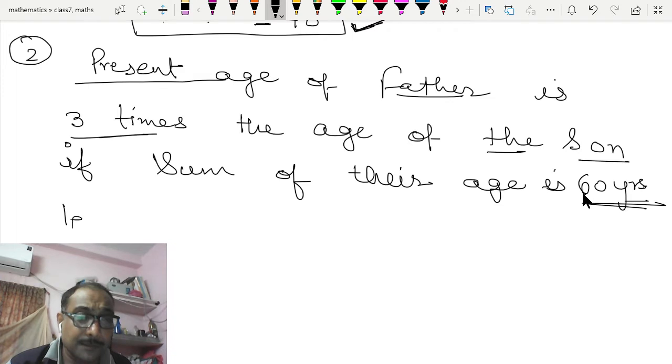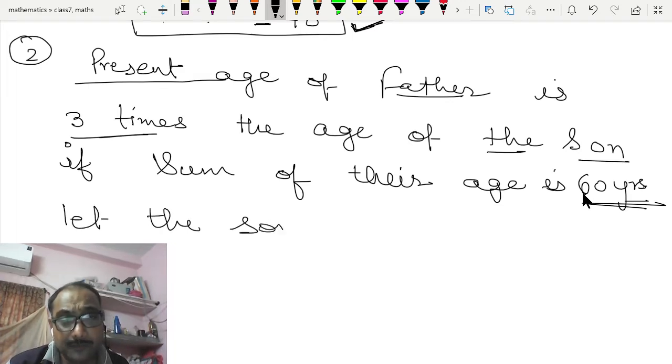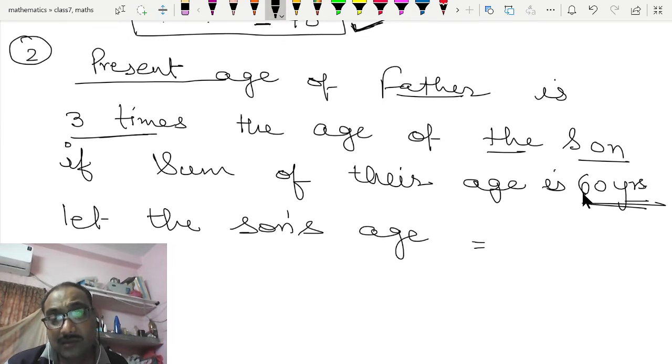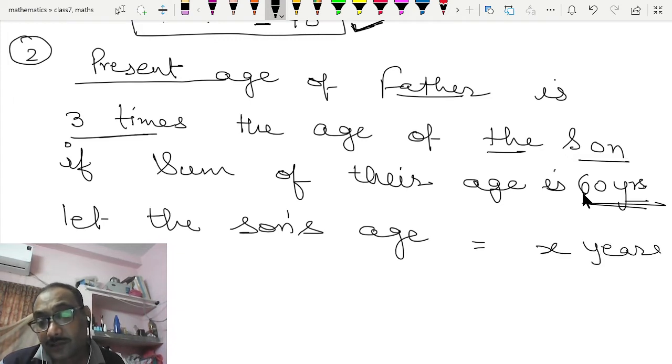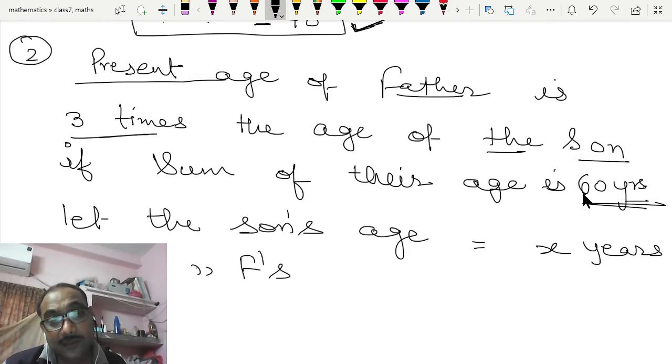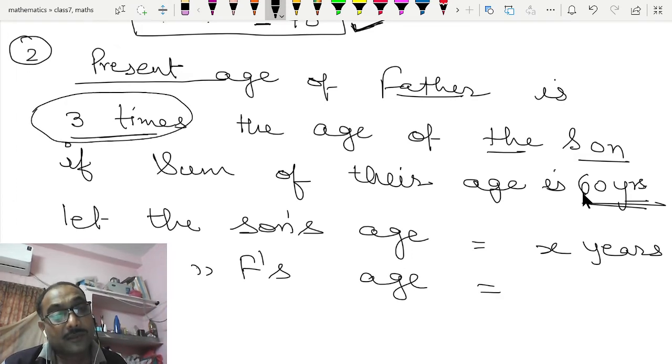Let the present age of the son be, we should consider it as a variable x, a, whatever you like. So x years. Then the father's age will be 3 times the age of the son, that is 3x years.